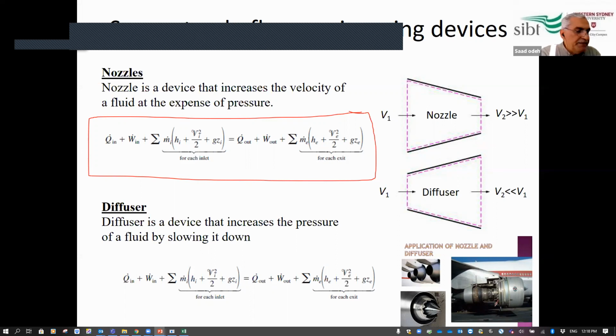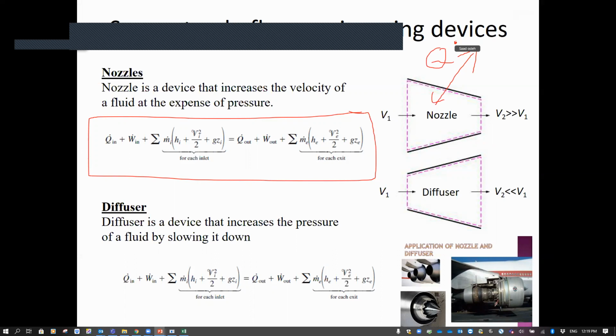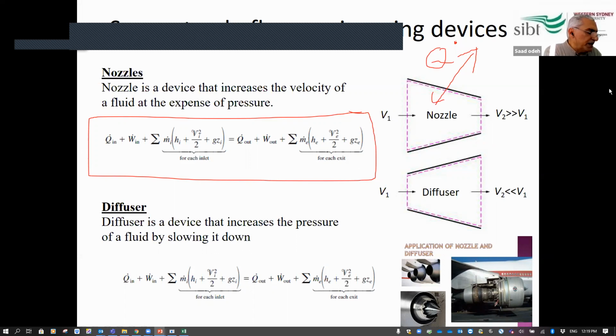So for example here, do we have heat if it's an isolated device? Do we have any Q dot in or out from the system? No, correct? So we can eliminate both sides here. Right. What about W for this type of system?